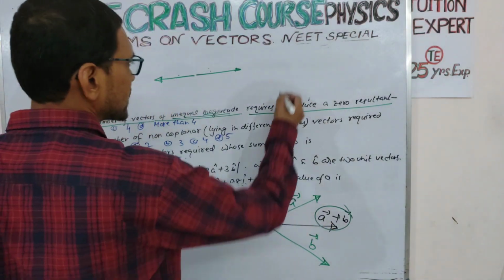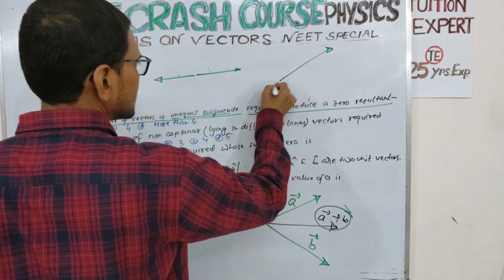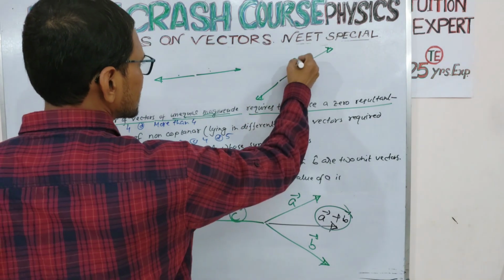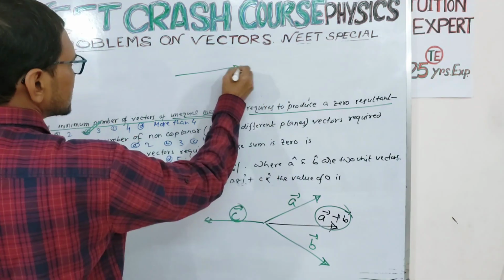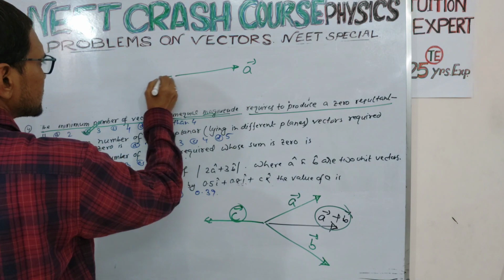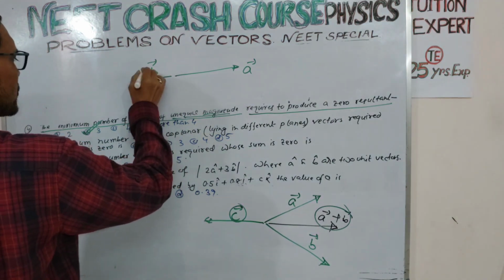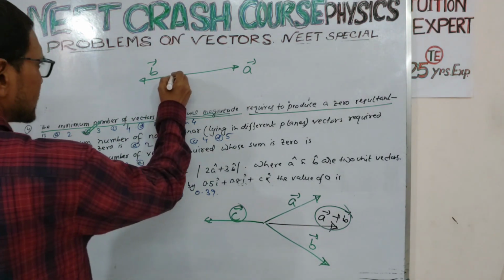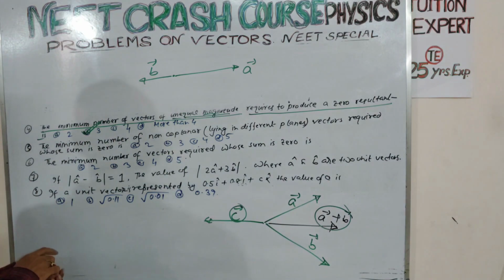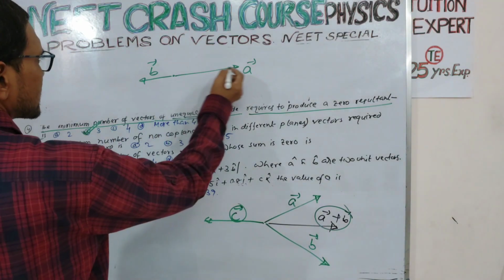If A and B unequal magnitude, suppose D the opposite direction but unequal magnitude, so they cannot produce the zero resultant.